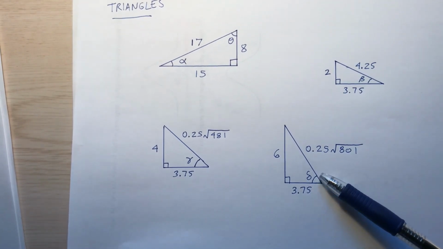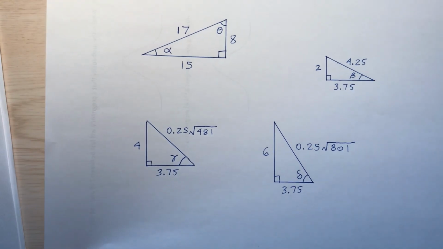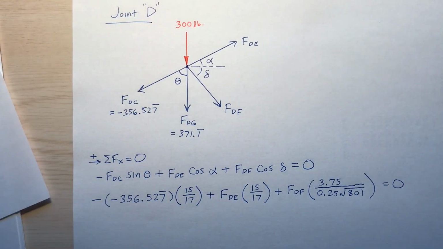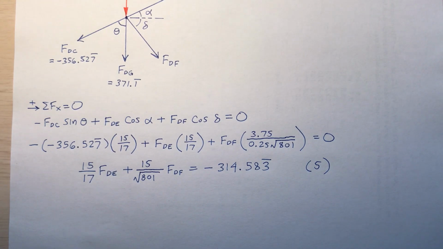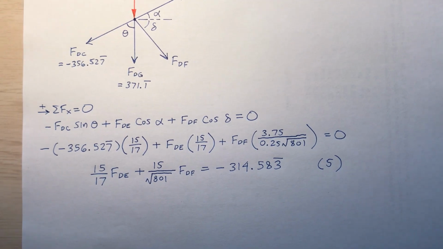This one, cosine delta, adjacent over hypotenuse, 3.75 divided by 1/4 square root of 801. So that's where I'm getting this from. Okay, so now clean all this up. I'll have an equation with two unknowns. So I have equation 5. I clean everything up and I have an equation that I call 5. I don't think I've used 5 yet.